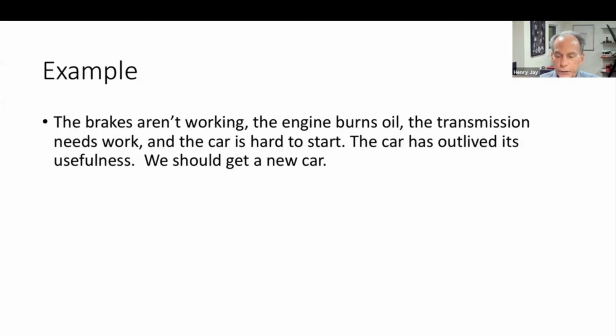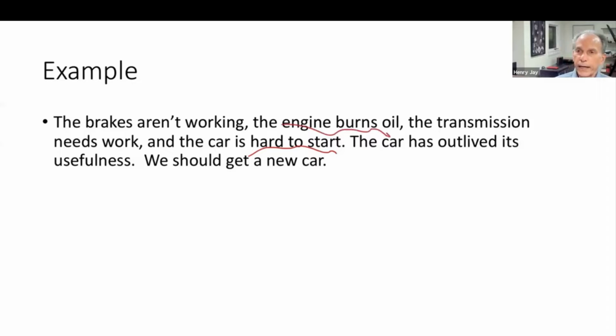We should get a new car. So which are premises and which are claims? Is the author taking a position? I think the car is hard to start is a premise, and the engine burns oil is a fact. It is a premise.